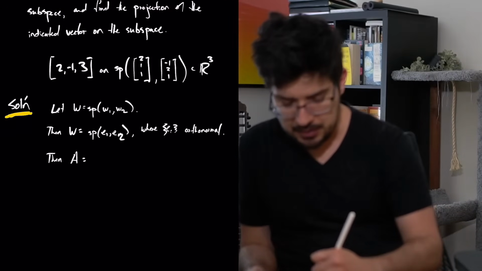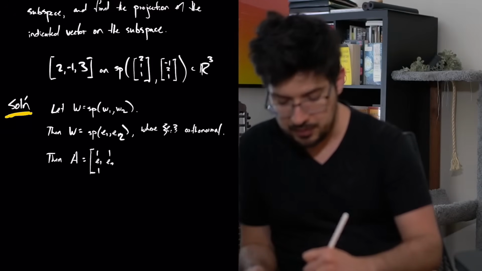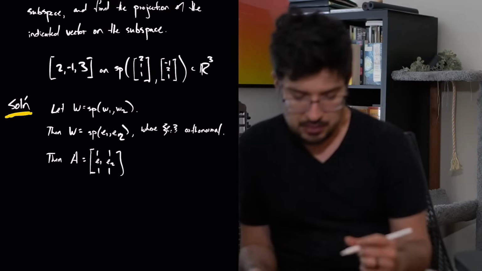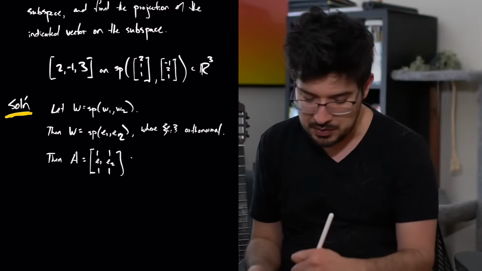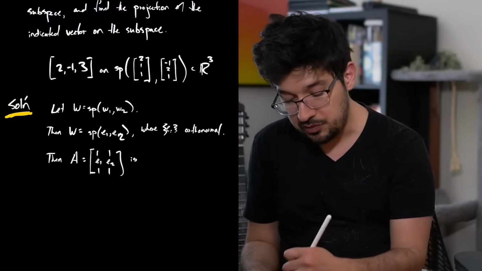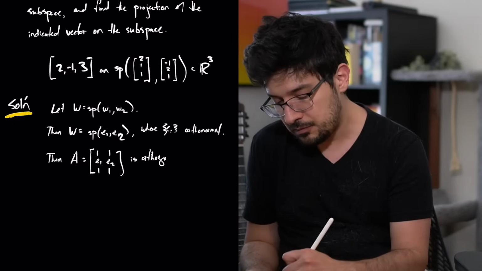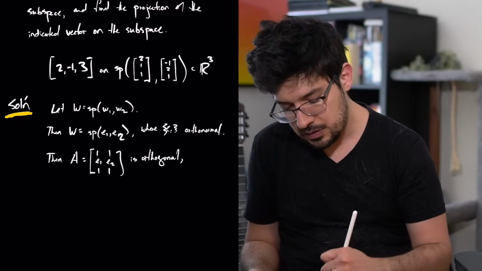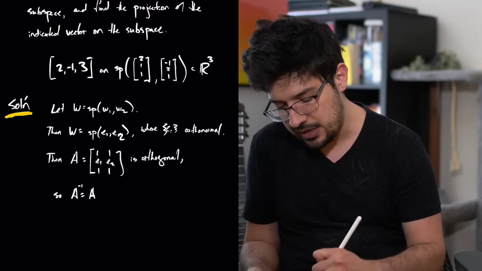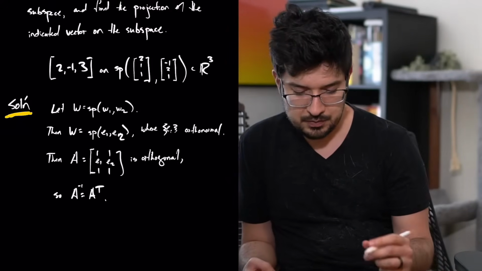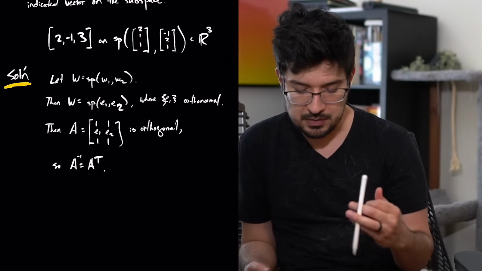Then the matrix with those basis vectors as column vectors is orthogonal. So A inverse equals A transpose. I know that this is very related.